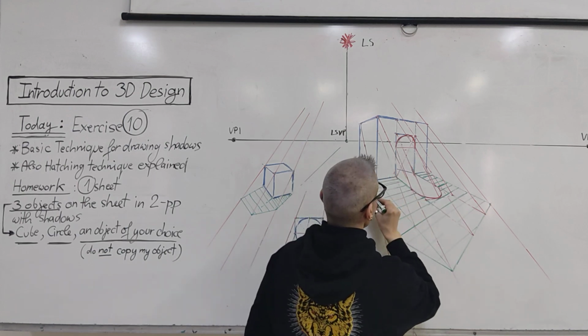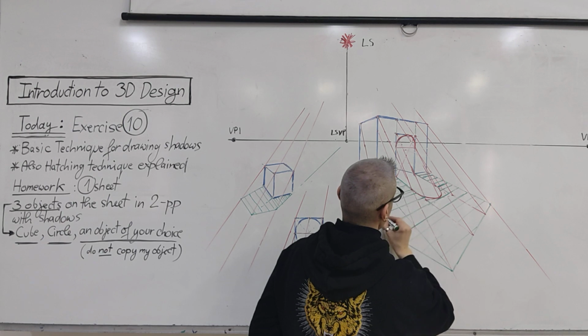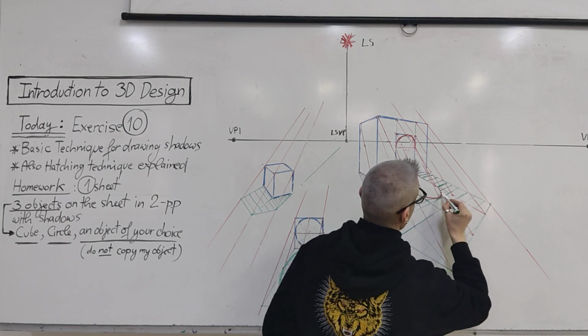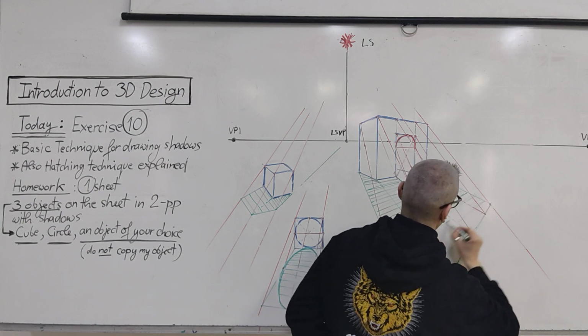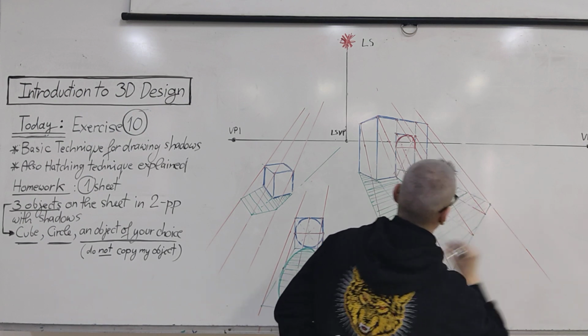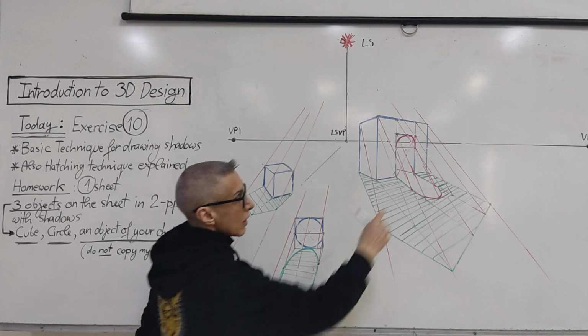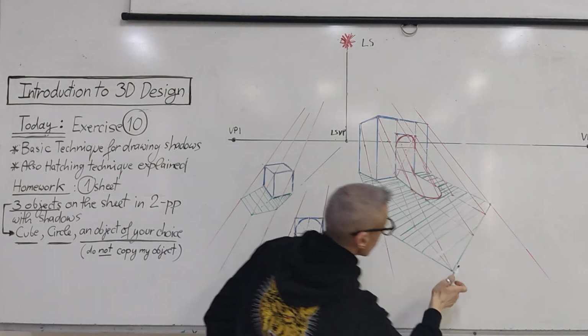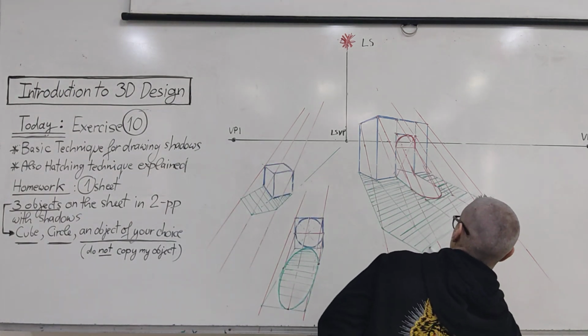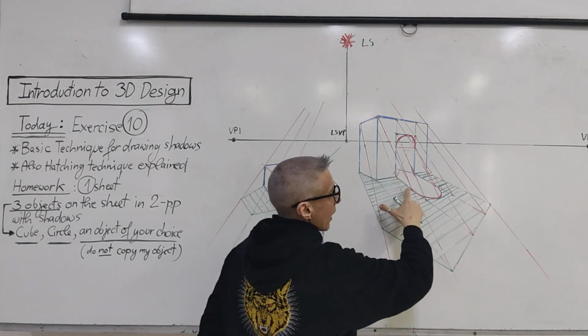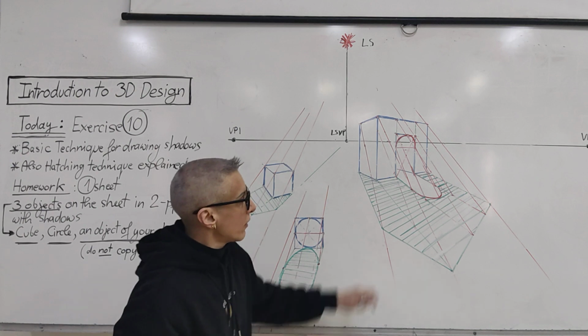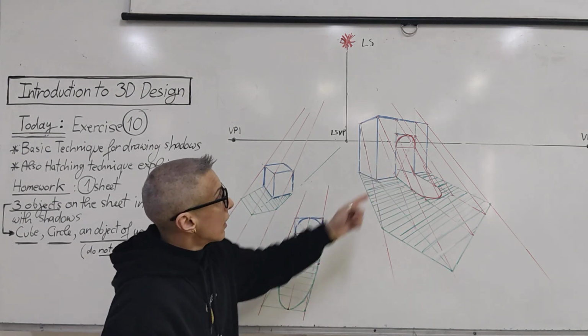So, if we make the shadow more dense so you can see better, we'll continue here, and so on, okay? So, now, this is the shadow area. So, now this is the shadow area around this object, okay? And this is here only the free area.